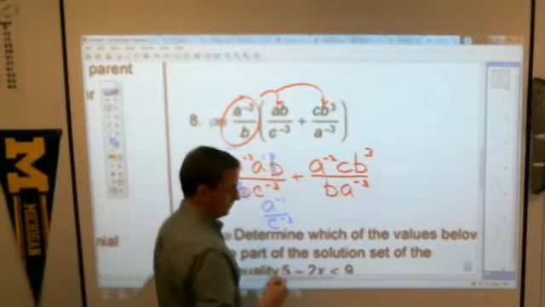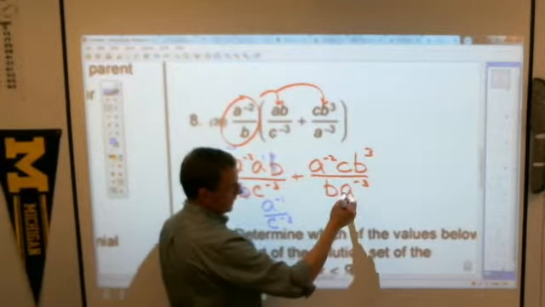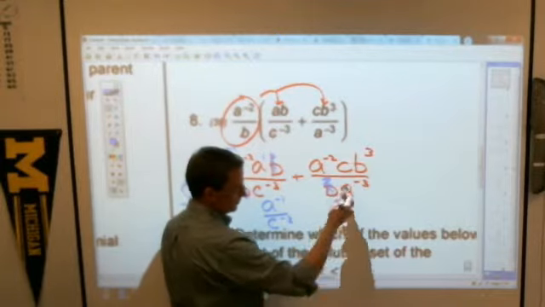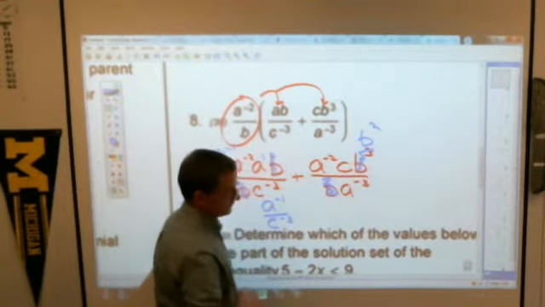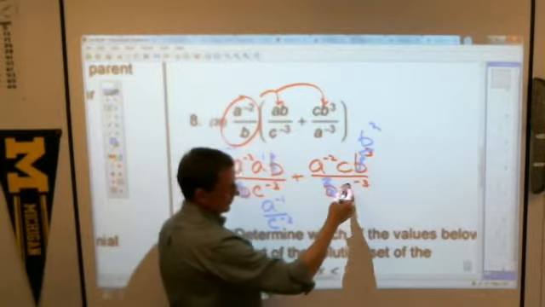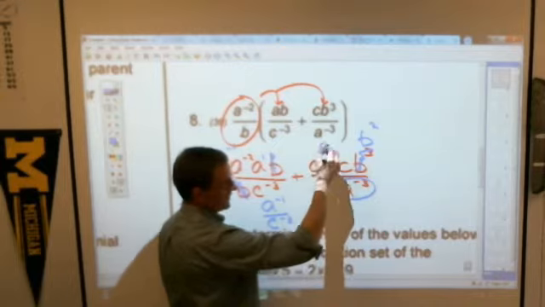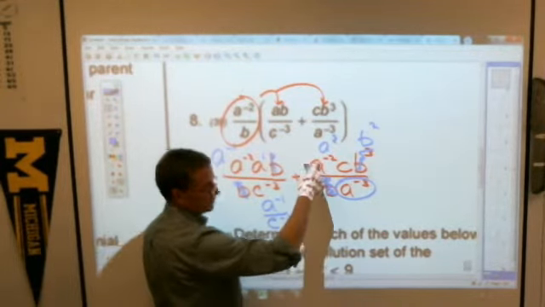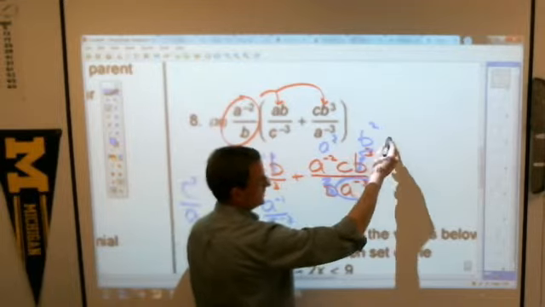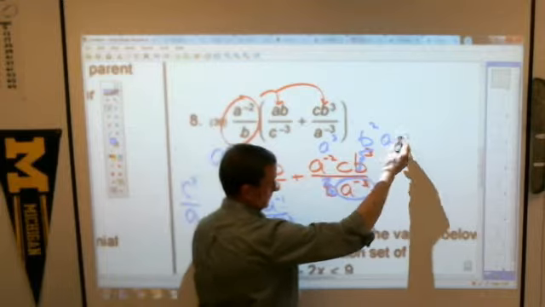This one, again, it's goofy. I'll cross off 1 b with 2 of the 3 there. This leaves me with a b squared. I'm going to move this one to the top. A to the negative 3 to the top becomes a to the positive 3. When I put that with the a to the negative 2, what's that become? Just an a. And I still have this c sitting there.